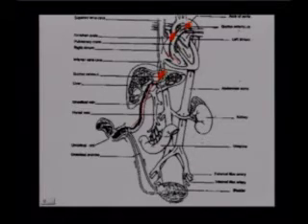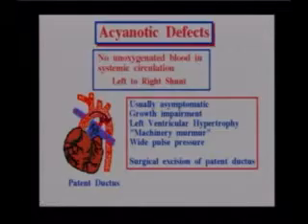And this is the second chance to bypass the lungs. So we need to remember the foramen ovale is the first chance to bypass the lungs, and then the ductus arteriosus is the second chance to bypass the lungs. These are the sources of some of our heart defects, in fact.